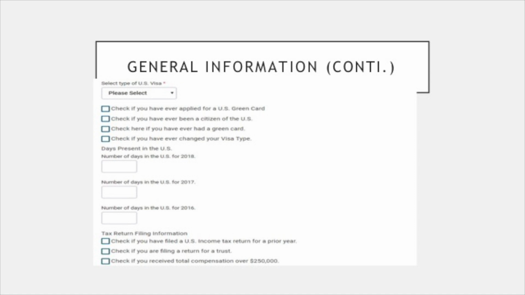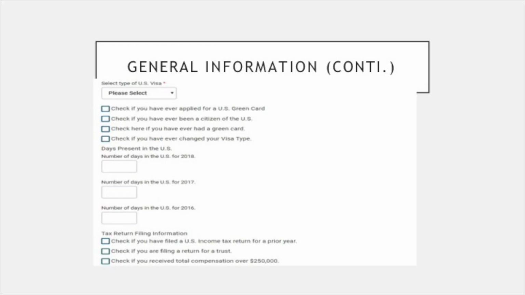Have you applied for a green card? Have you ever been a U.S. citizen? Have you ever had a green card? Have you changed your visa? Number of days you were here this year and the last 2 years prior to that. Again, this is for the purposes of determining the substantial presence test to see if you're still non-resident or possibly have changed status to resident.